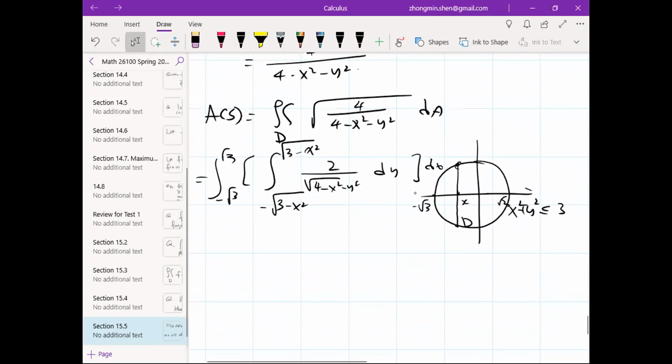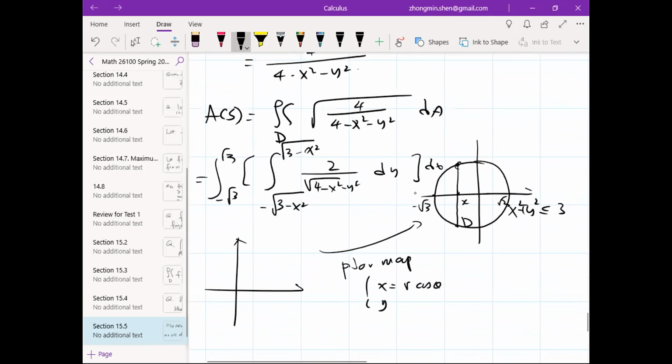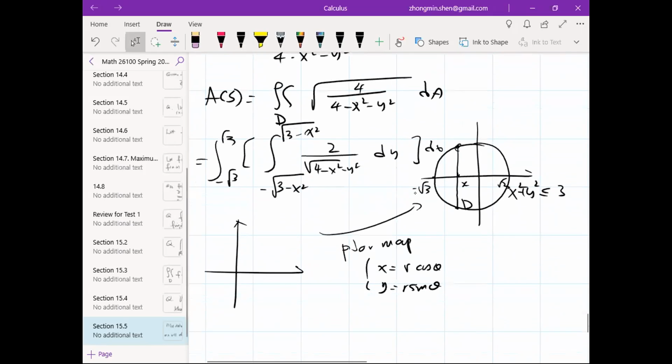What I'm going to do is use the polar map, okay? The polar map is defined by x equals r cosine theta, y equals r sine theta, right? To describe the points in the disk, how do you do that? You take an arbitrary point here, right?